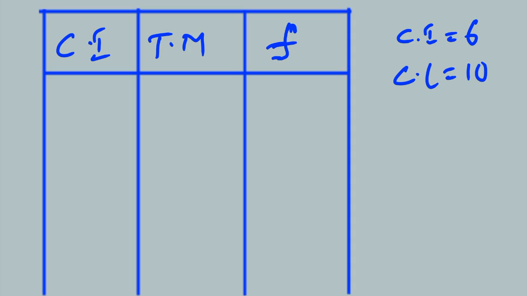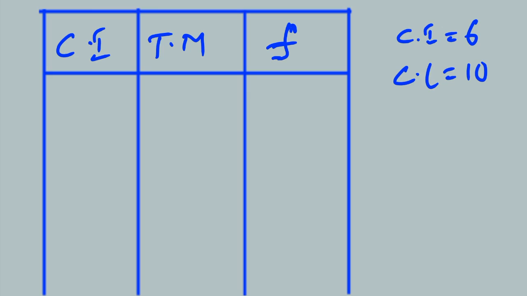In this way we can draw the table. The first column is class intervals, the second column is tally marks, and the third is frequency. Now how can we write the class intervals? That is very important. Before writing the class intervals, we have to decide whether they are inclusive or exclusive.